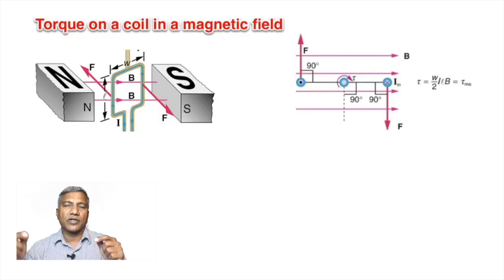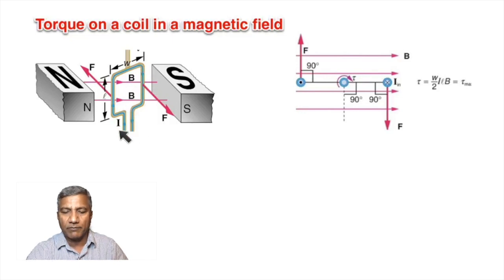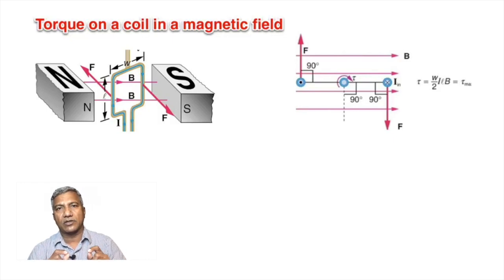Because if instead of a conductor, you have a coil like this kept between the poles of a magnet, and if you send a current through this coil, like it enters in and then the current goes through it and then flows out, there is going to be a torque acting on this coil. And that torque, in fact, makes the coil rotate. So you can see in this diagram why a torque acts on it.